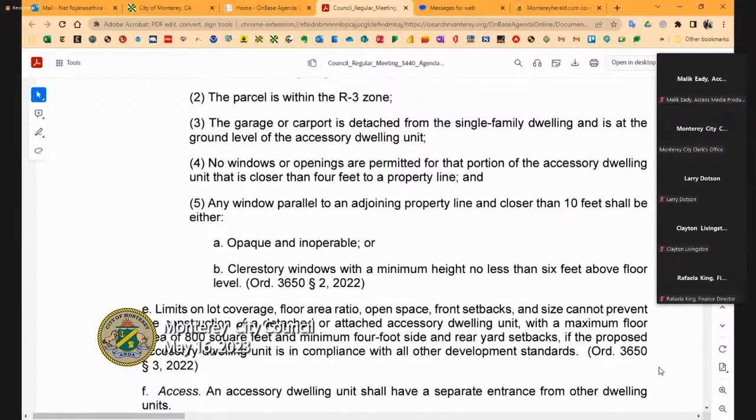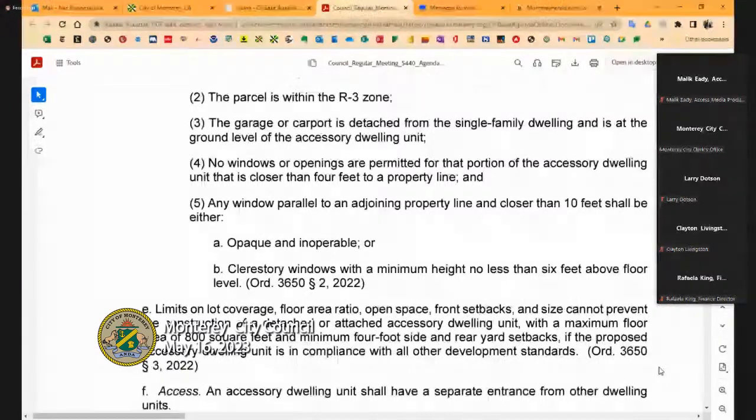So I want to just put that on the table. How this language was crafted under the little I's, the 3, you'll see it's second story accessory dwelling unit above a garage or carport. The original ADU law didn't allow second story ADUs.